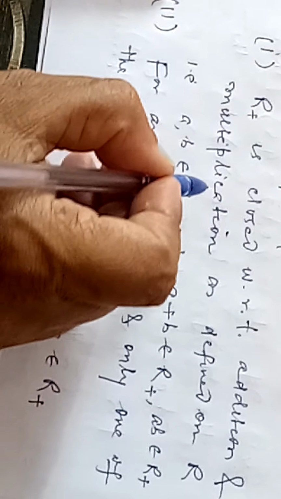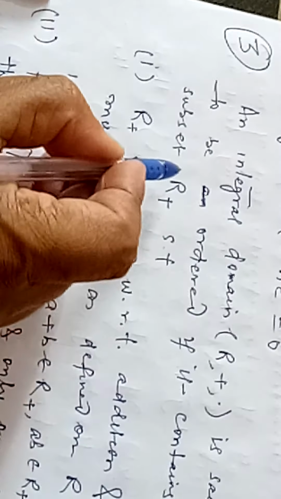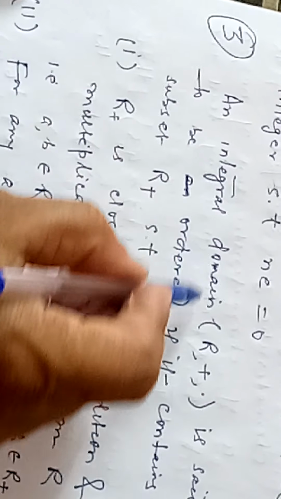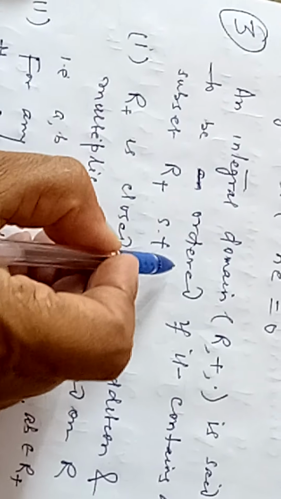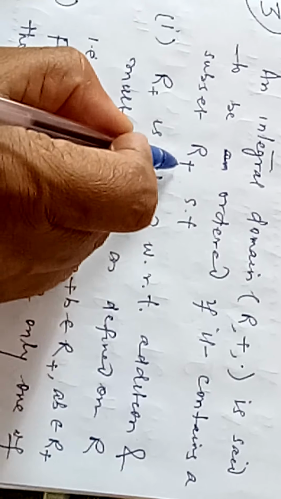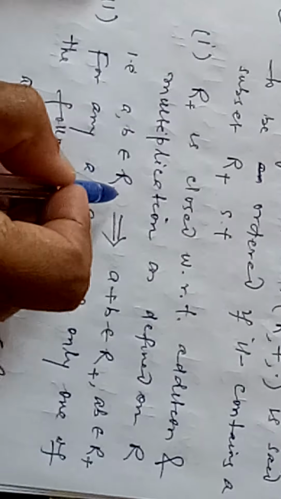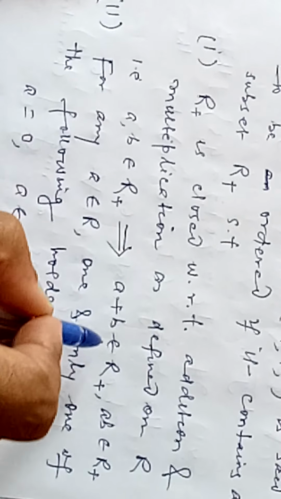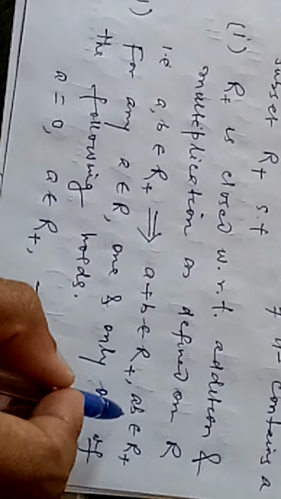This condition says that an integral domain is said to be an ordered system if it contains a subset R plus of R which is closed with respect to the operation of addition and with respect to the operation of multiplication.